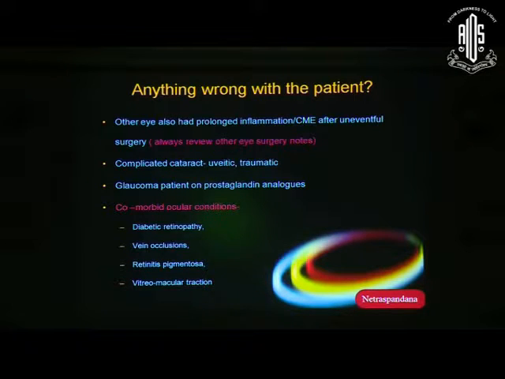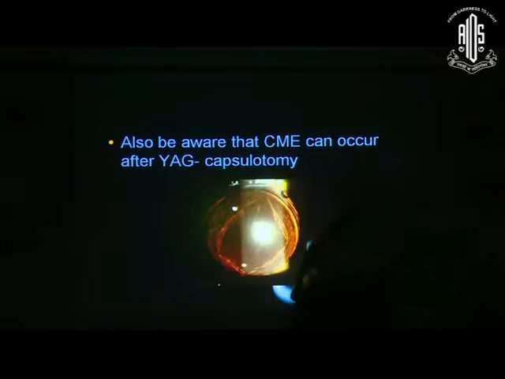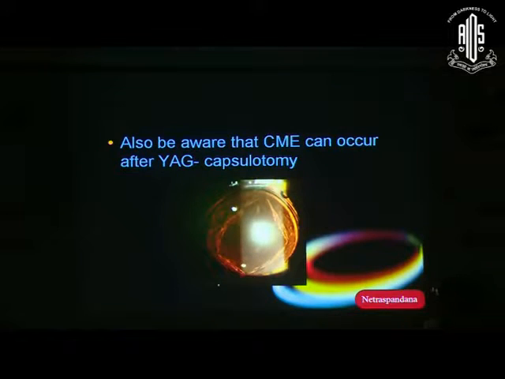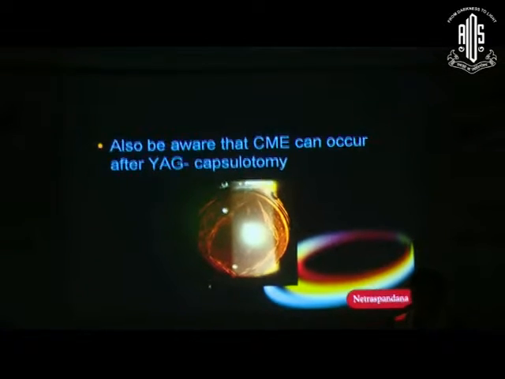It's also important that we review the other eye surgery notes. If the patient had a CME in the other eye, there's a higher likelihood that you'll have CME in this eye also. We also have to look at other comorbid conditions like diabetic retinopathy, the vein occlusions, etc. Also, be aware that CME can happen after a YAG capsulotomy.